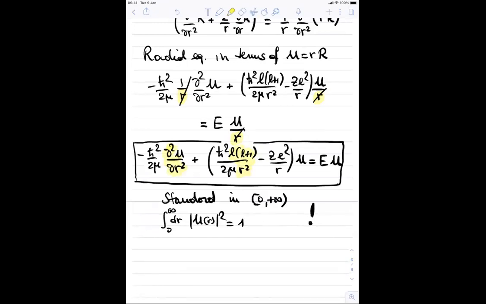Okay? So in some sense, this already tells you that this function u that I write should have indices, right? What index should I put? I should put an index L for sure.